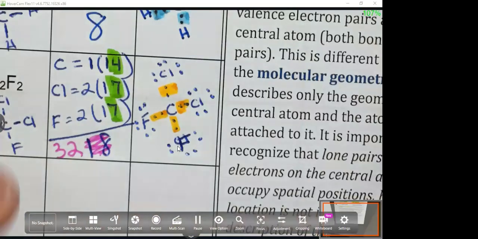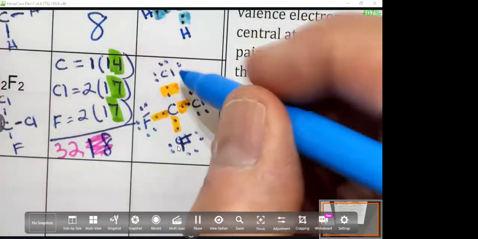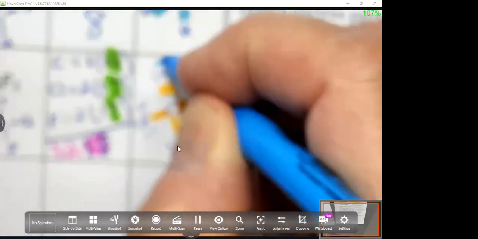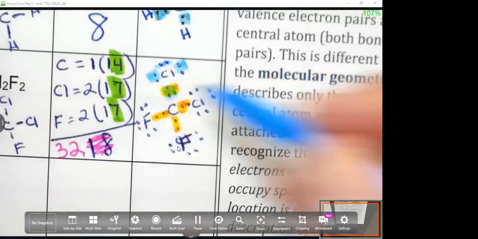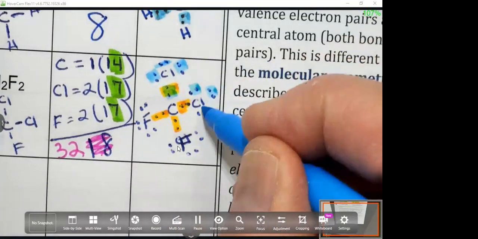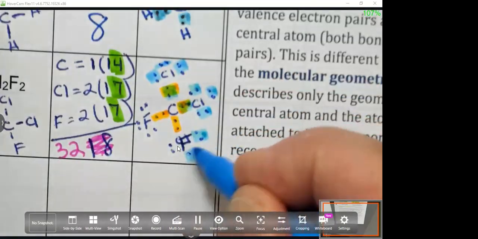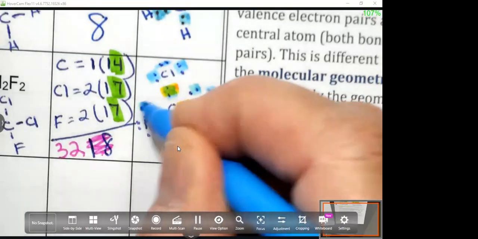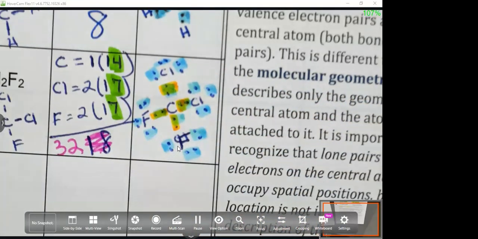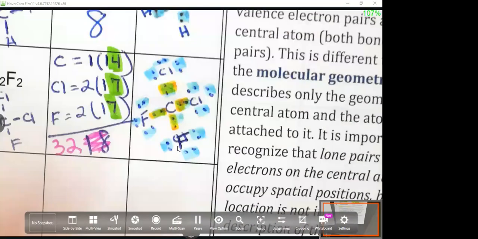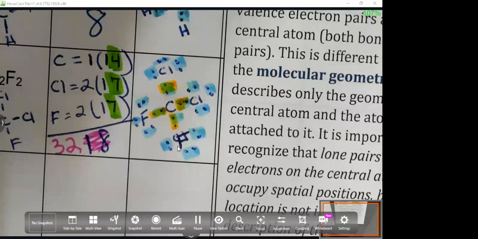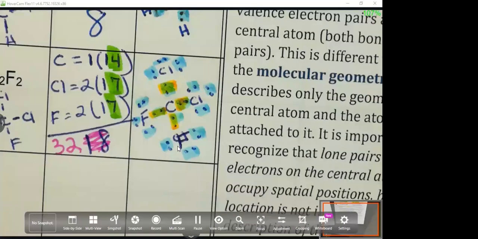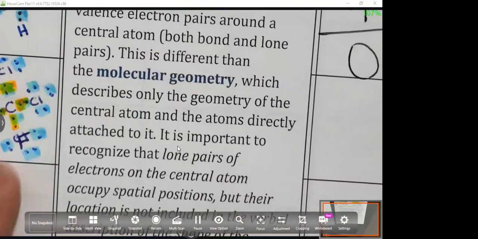My terminal atoms, we've got 8 there, correct? We've got 8 here. We've got 8 here. Everybody has 8. That's the best party we can have. Everybody is as happy as they can be.